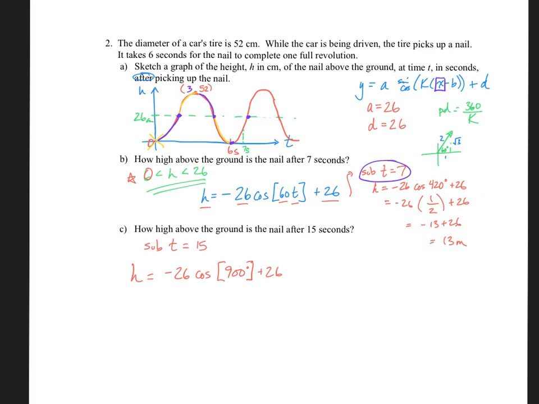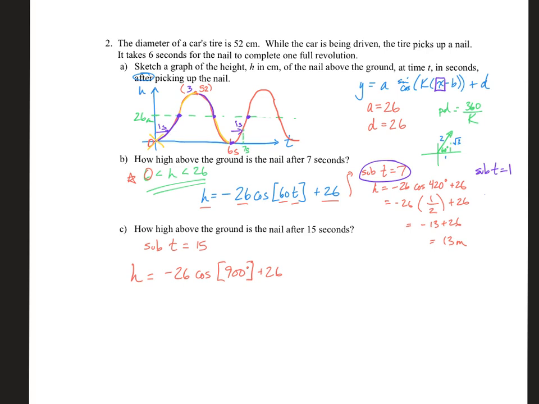I'm hoping that some of you could have seen that we could have subbed in t equals 1 and got the exact same answer. That this action of going 1 second into that next rotation is the same action as going 1 second into the first rotation. And by doing that, I don't have to deal with multiple rotations.